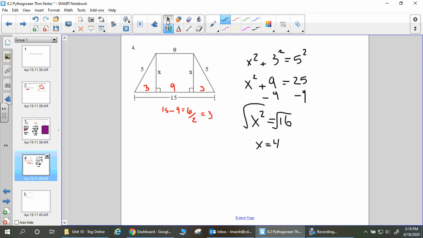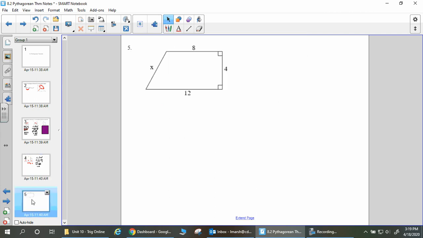Okay. And so I'm going to take that same approach and I'm going to apply it now to this trapezoid. This time they don't necessarily have it separated, but that doesn't mean that I can't separate it myself. I can go in here and I can draw in that vertical line.